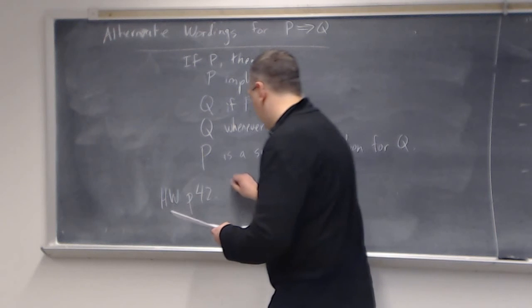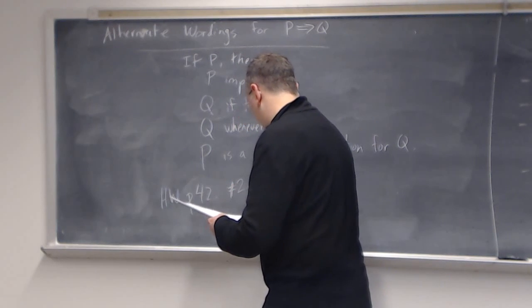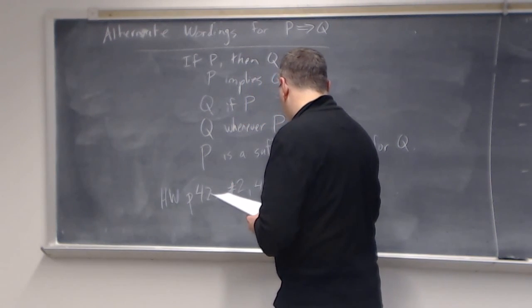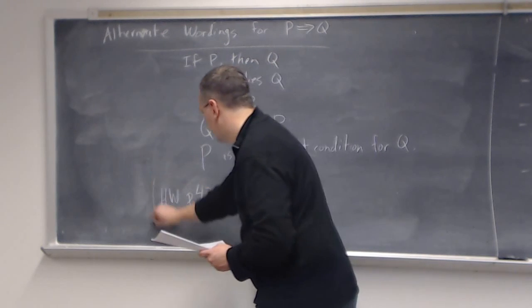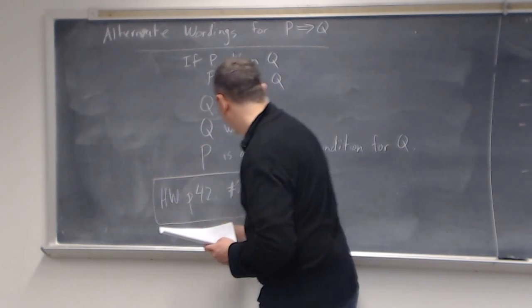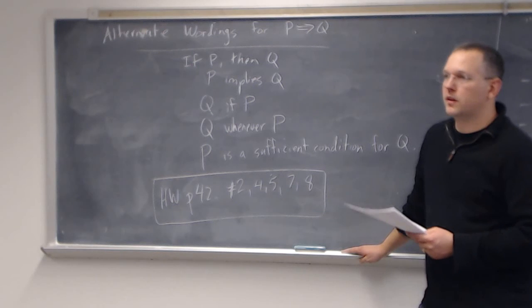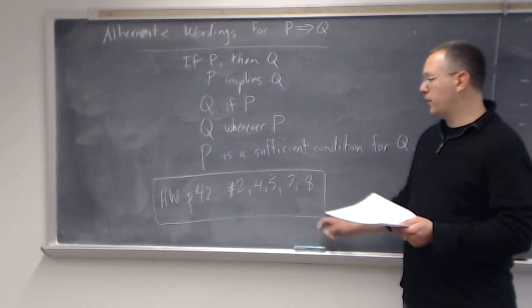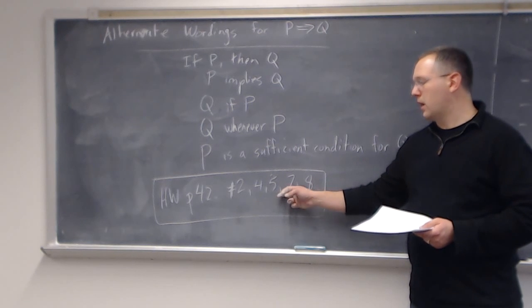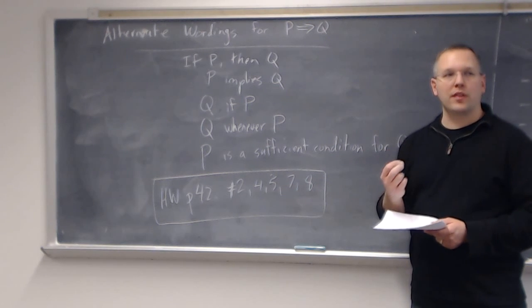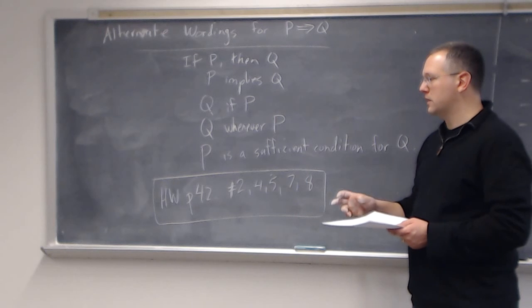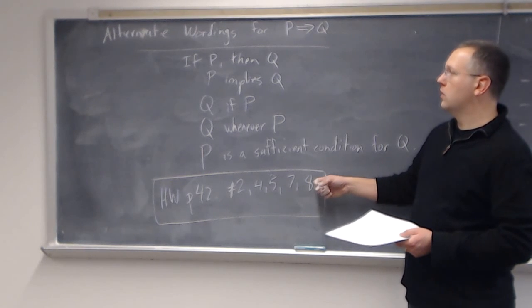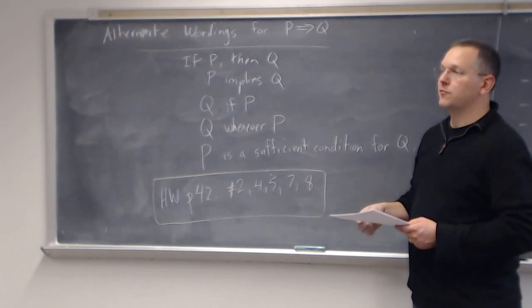So page 42, number 2, 4, 5, 7, 8. If there are some in there that you're not sure about, feel free to look at the odd number problems. I cited a couple of odd number problems because I really just want you to think about the formation of the sentences and see that it can be written as if P then Q.